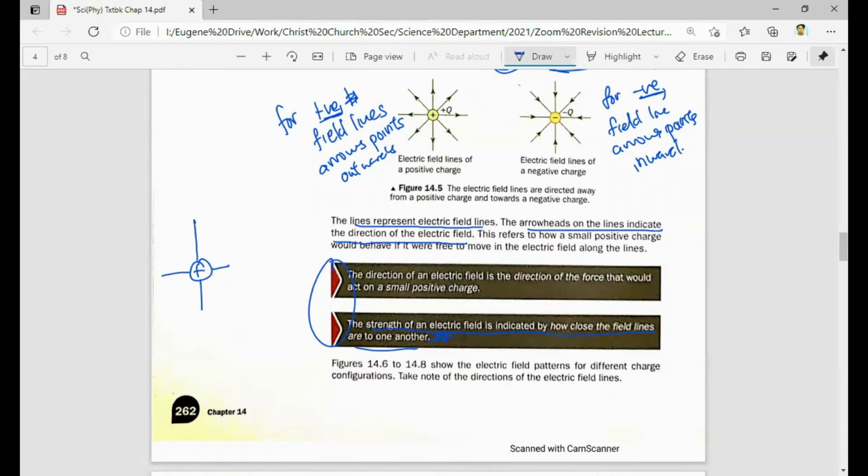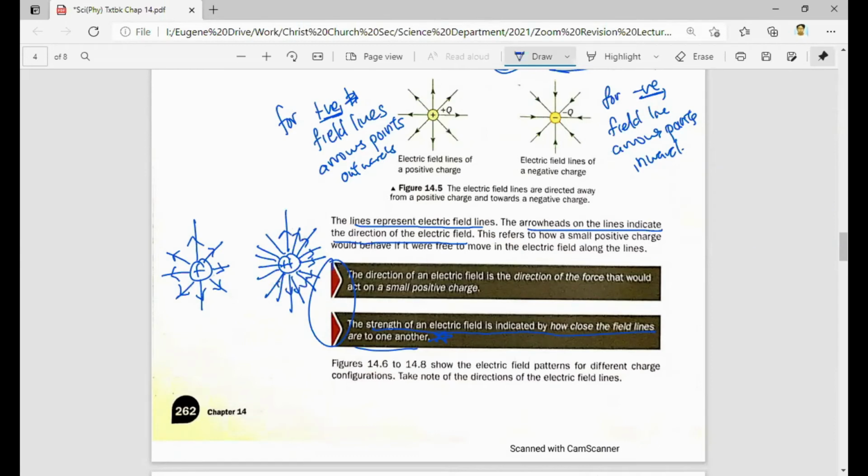I'm going to draw the electric field lines for these two charges over here. I got a single positive charge. Imagine I got double positive charge. What are the differences between these two field lines if you look at it carefully?